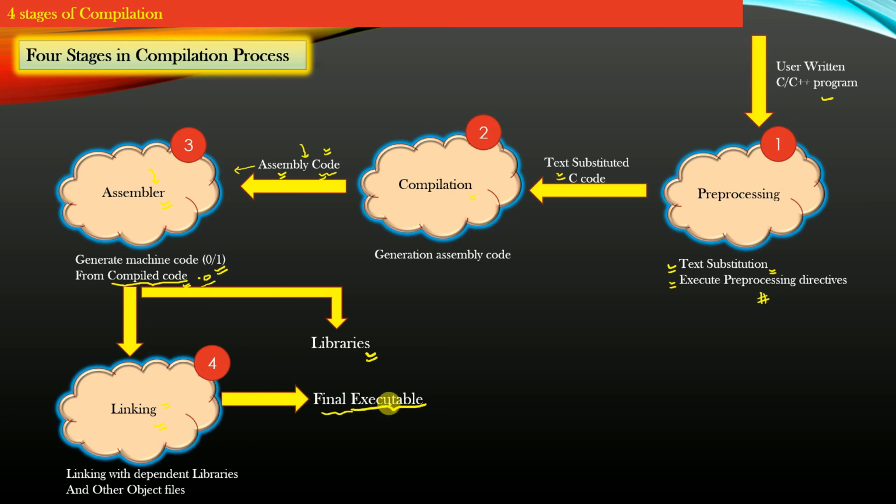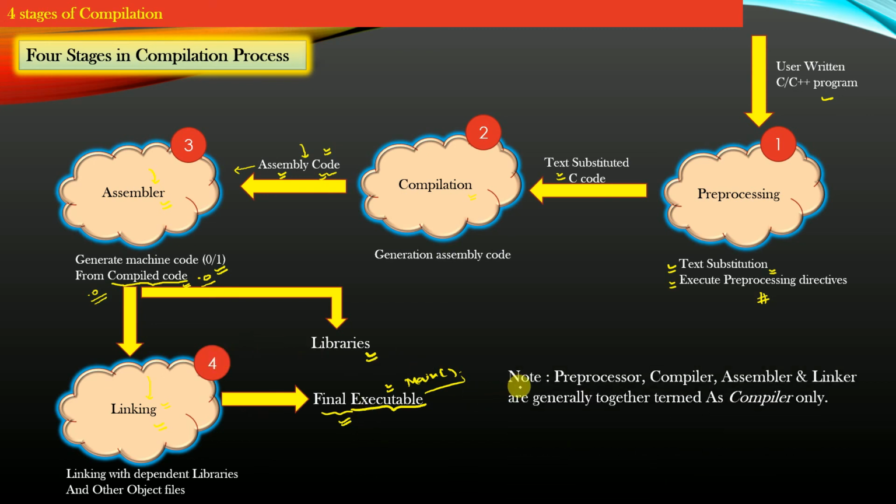Now you must have understood why I am calling it an executable. An executable is a program which is already compiled and can execute on a processor. And we know that for a program to execute on a processor, the program should have a main function, right? So linking is a process of translating the object files, or the group of object files together, to form a final executable which can execute on your processor.